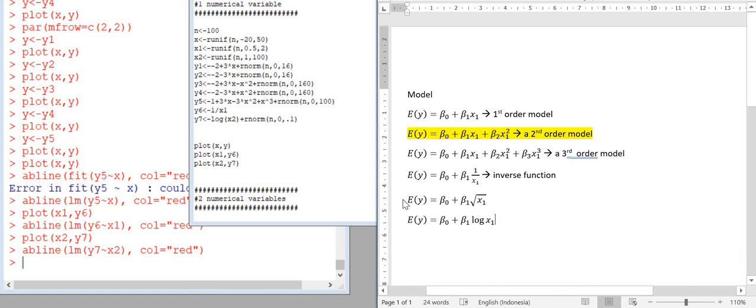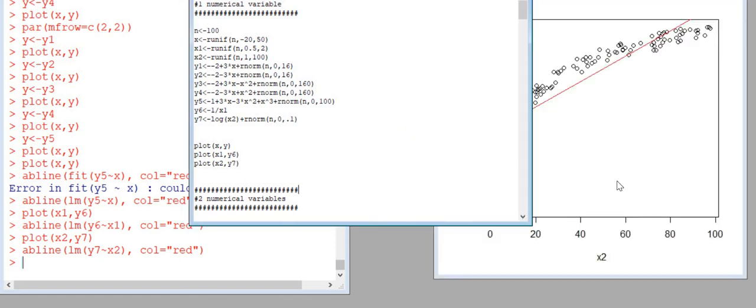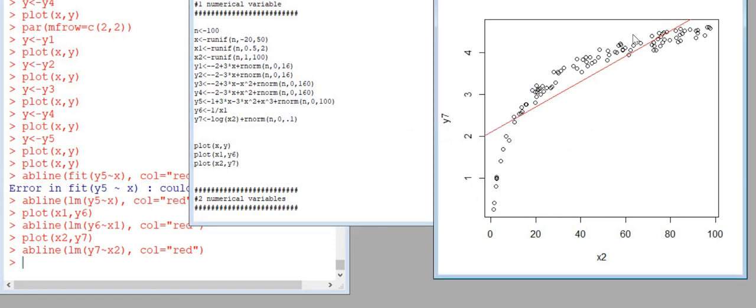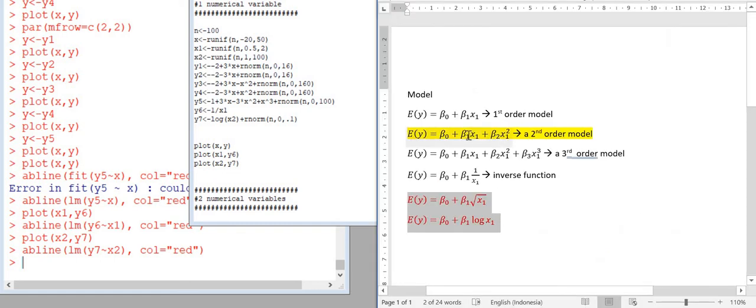You can try these two models if you see this kind of pattern. Those are some examples of relationships between x and y, and how you put an appropriate functional form in the model.